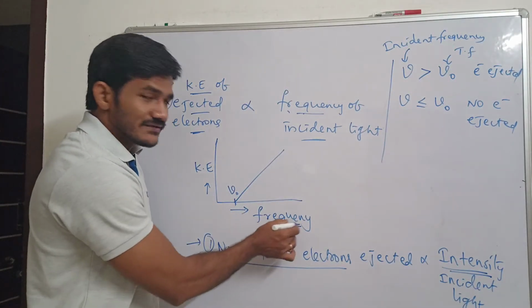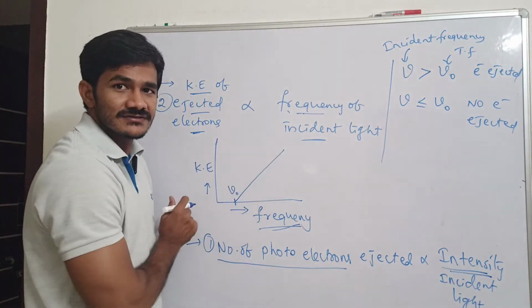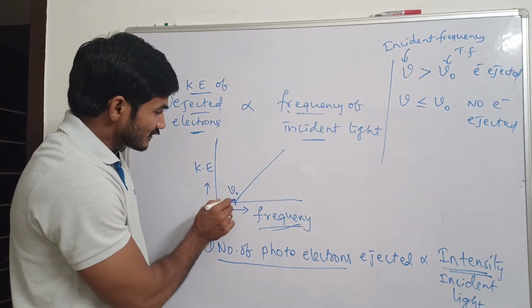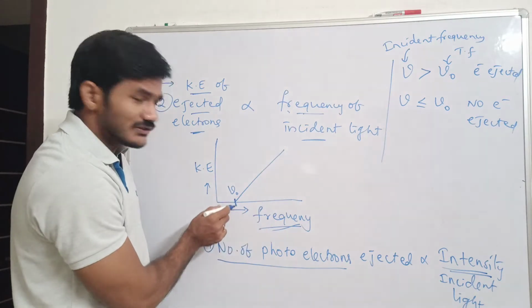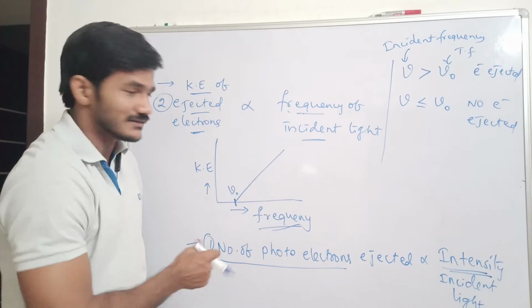As the frequency of incident light increases, the kinetic energy of ejected electrons increases. But here the frequency must be more than the threshold frequency. If it is more than the threshold frequency, then only electrons are ejected.